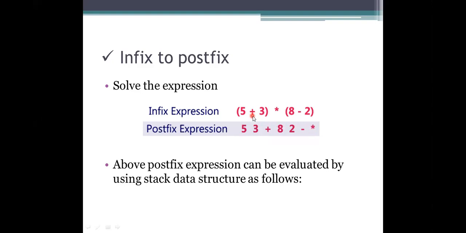So first we need to take the first set of the evaluation expression and perform the postfix. Another set here uses the subtract operator, and the answers you got from here have to be multiplied here.